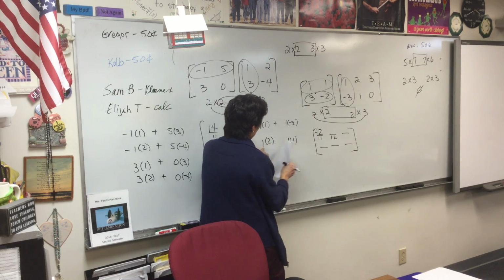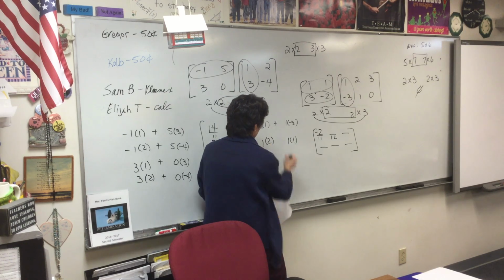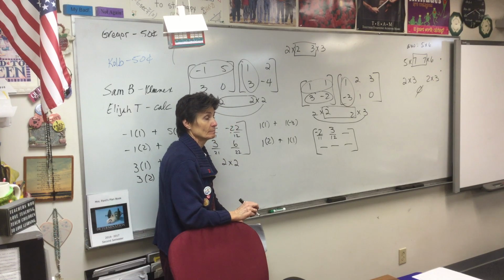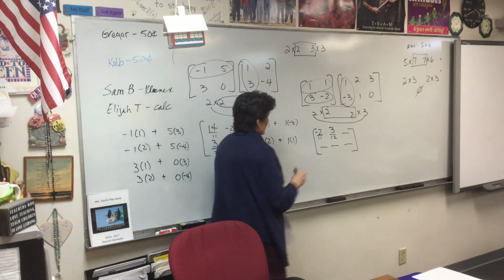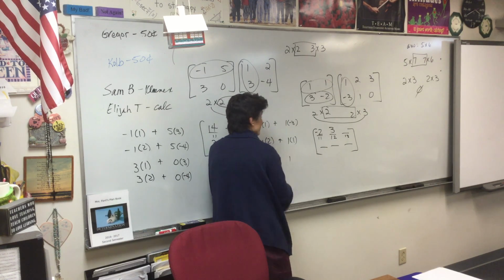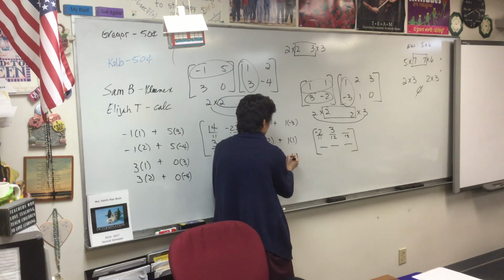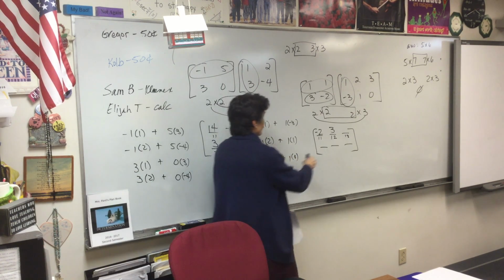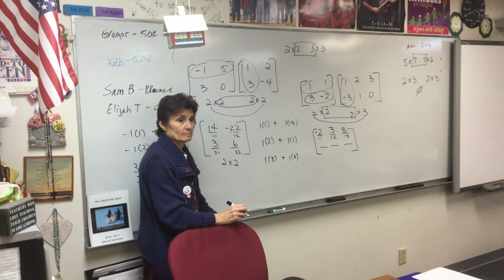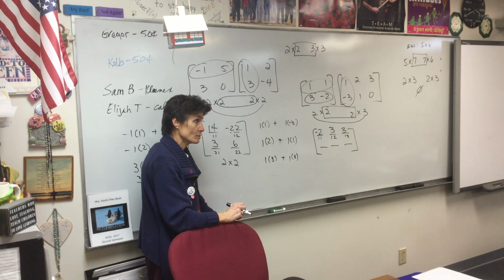So row 1, 1, 1, column 2, 2, 1, so that number is going to be a 3. This is the 1, 3 spot. So row 1, column 3. That is also going to be a 3. Everybody good on those numbers?